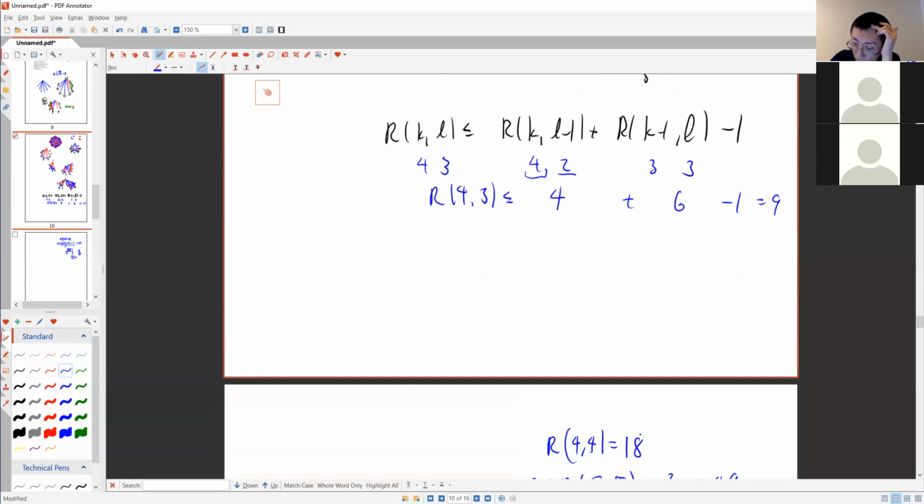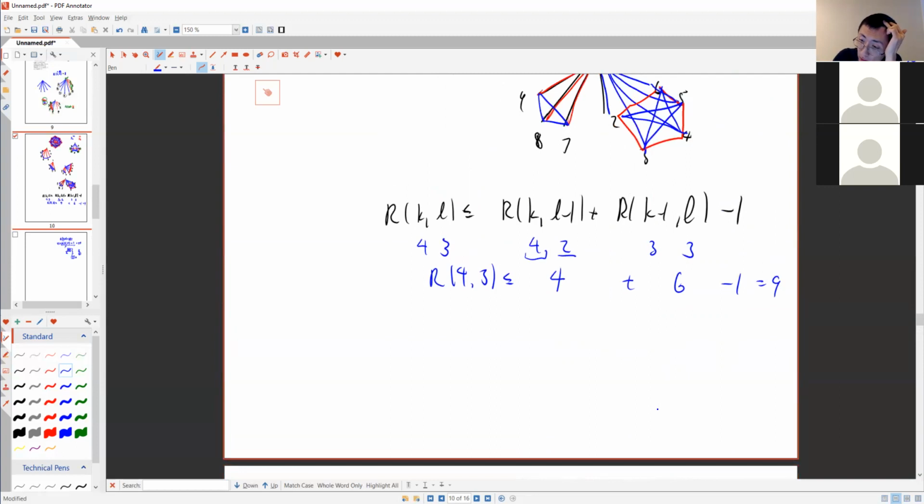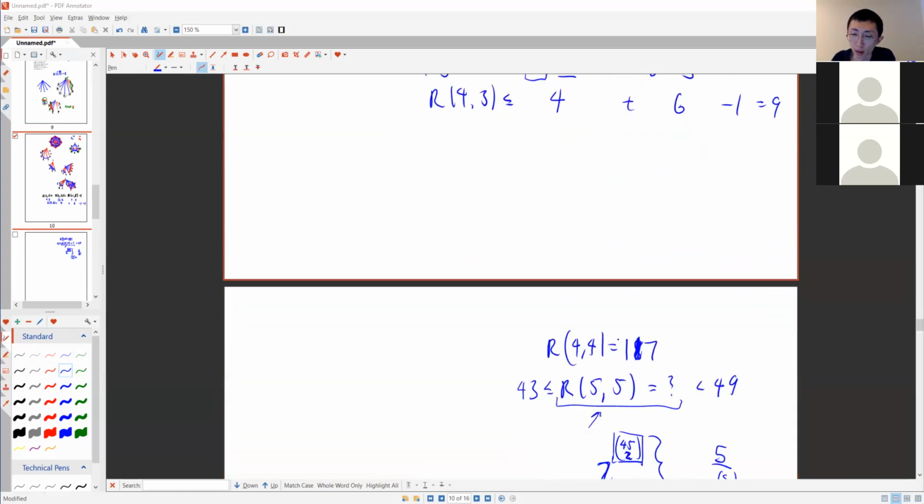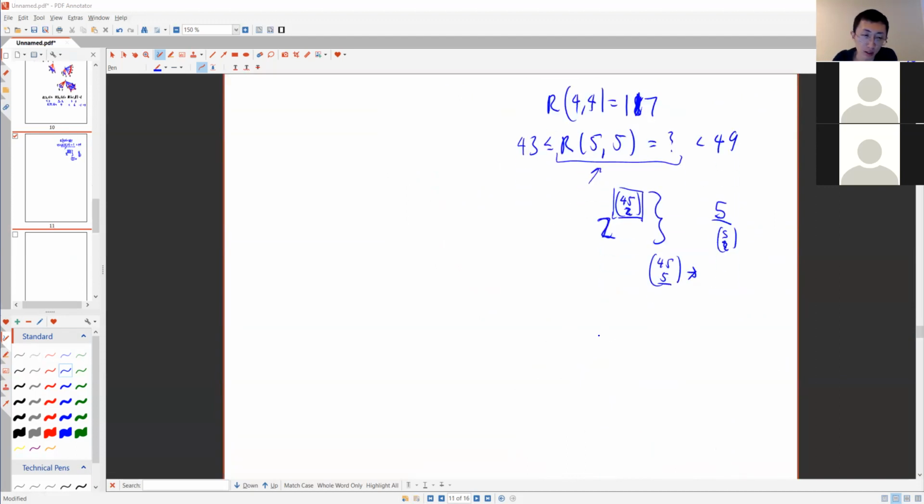I think this might be 17, because this inequality says it's less than 9 plus 9 minus 1. I think there's one other thing we can talk about, which is what R33 is.